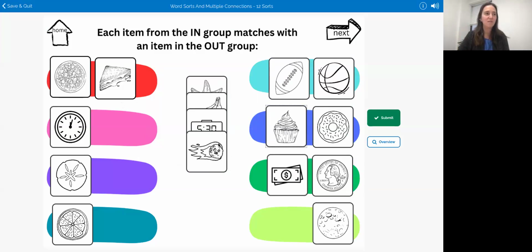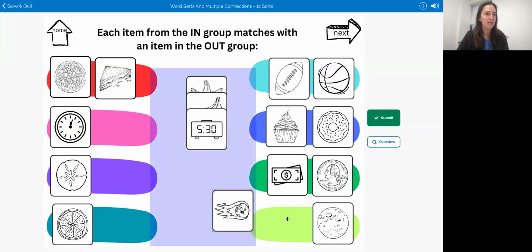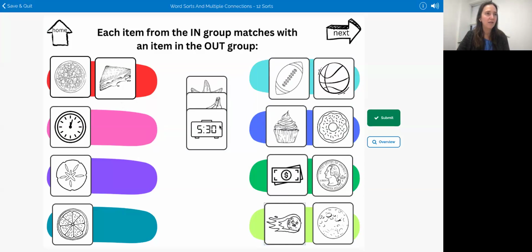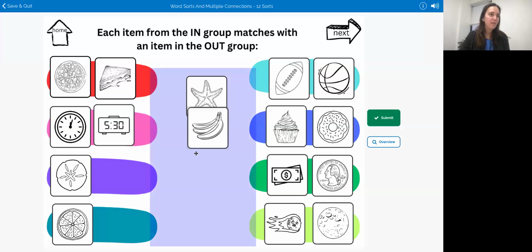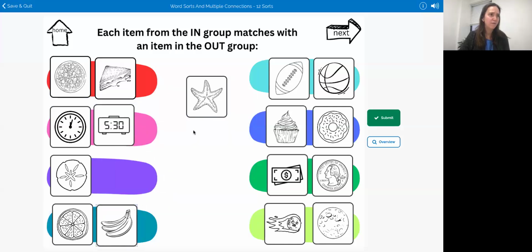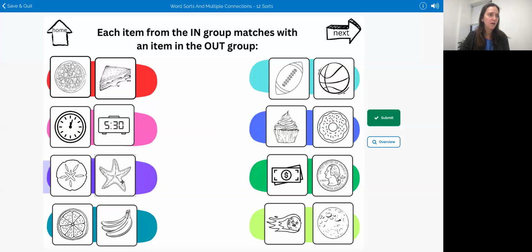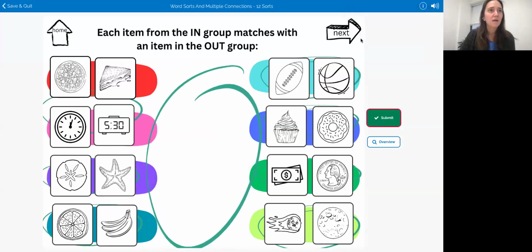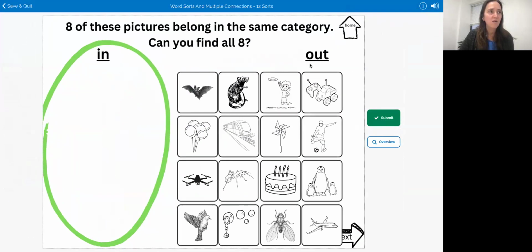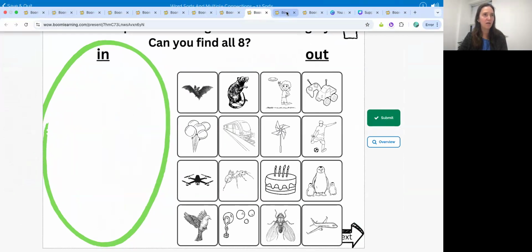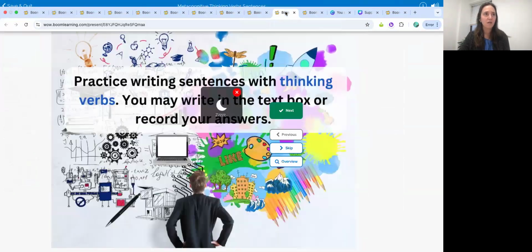These get progressively harder, and so they're not always as obvious, but also a great platform for talking about why they're related. Why did you pick that? And so these are both fruit, these are both shells. And then there's more puzzles like this. So that's to work on language flexibility, which ties into our cognitive flexibility.